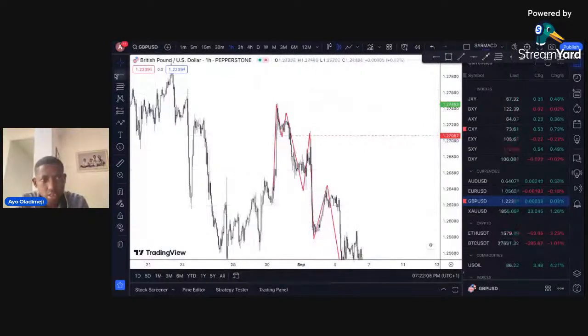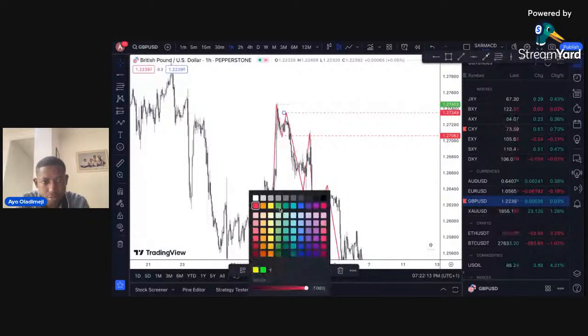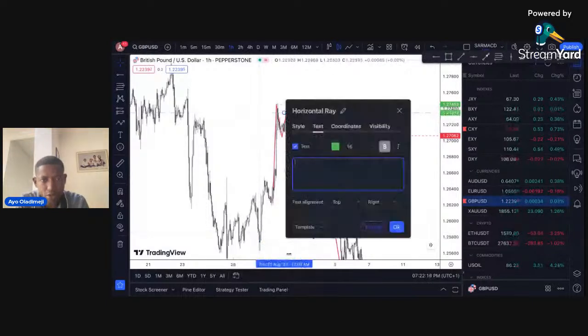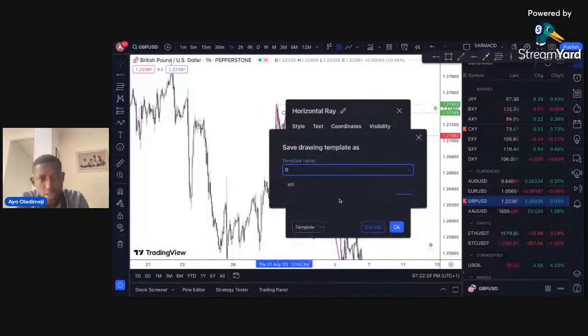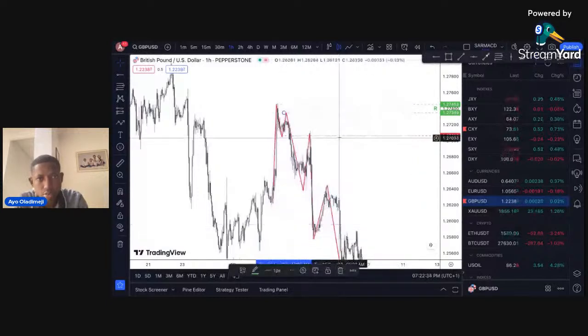Here also we know there was a resistance here because price came down from those areas.